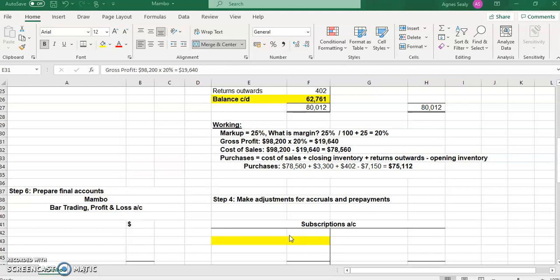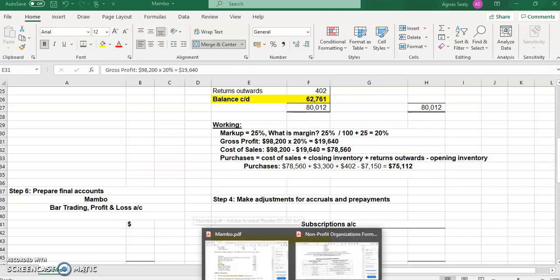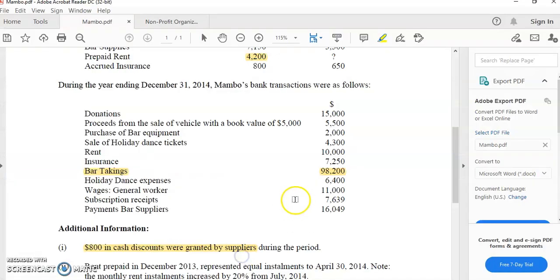Now, if a question doesn't ask you for the subscription account, you can use an adding and subtracting method in order to come up with the figure for your income and expenditure account. But we are going to demonstrate the subscription account.